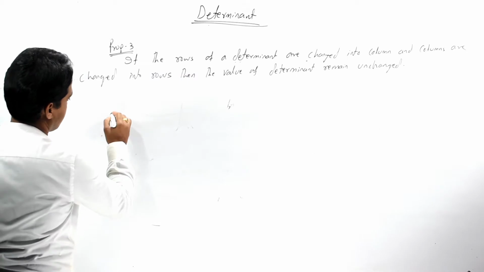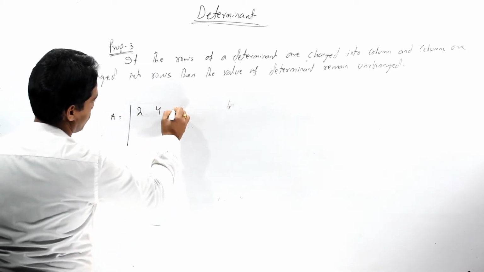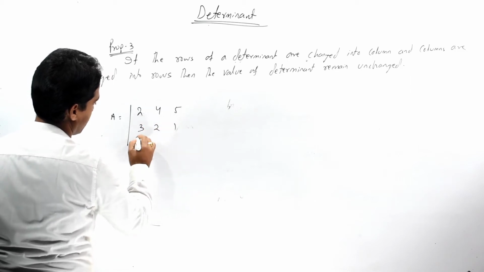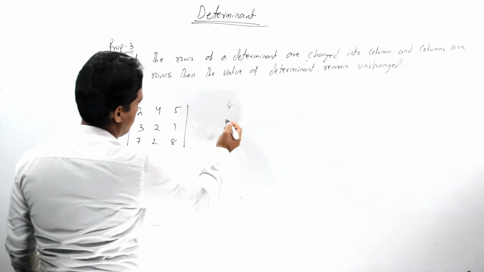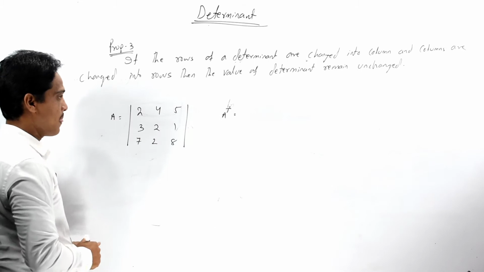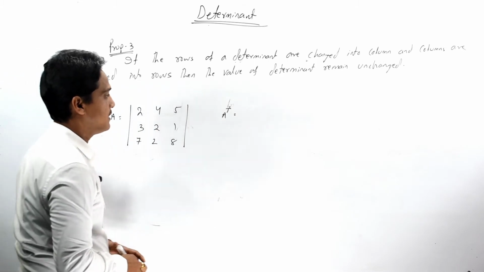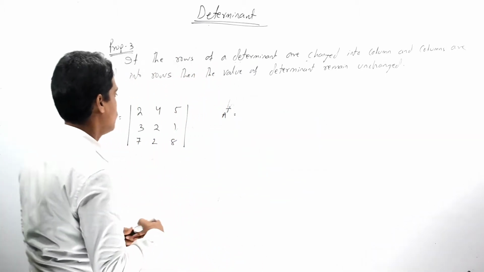Let A equal 2, 4, 5, 3, 2, 1, 7, 2, 8. Now find A transpose, that is, by changing the rows into columns and columns into rows.